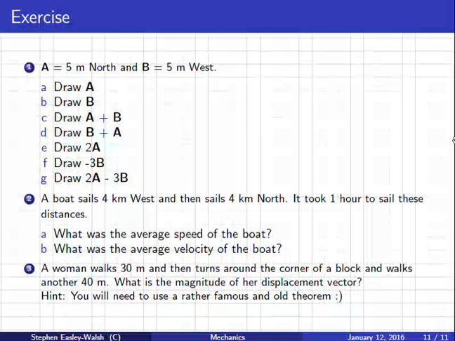The only thing I didn't really draw is the displacement vectors. So, for example, at the beginning he's here, and then after he walks 5 steps north he's here.